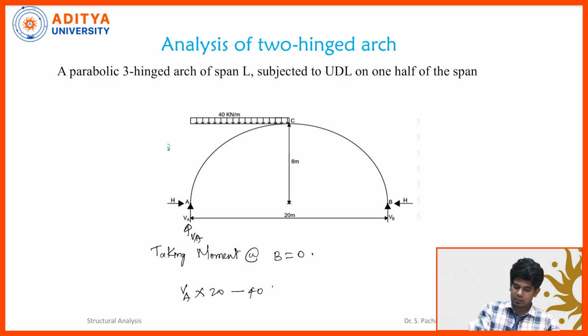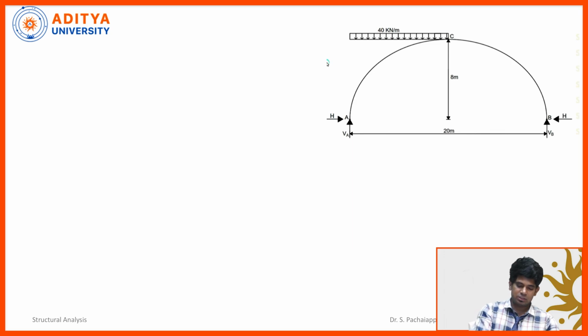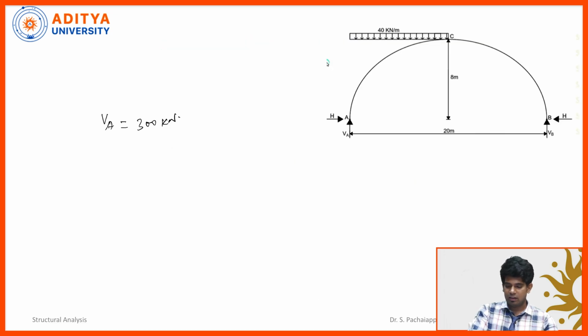So, minus 40 multiplied by 10, the length over which it is acting, multiplied by where the UDL will act, at its center, therefore 10 by 2, plus this 10 meters also, which we need to account for because we are taking moment at the point B, plus 10, equal to 0. If we solve this, we will get VA equal to 300 kilonewton.